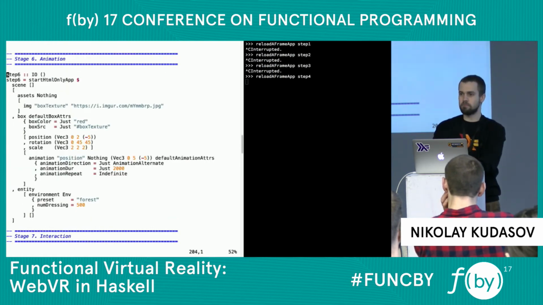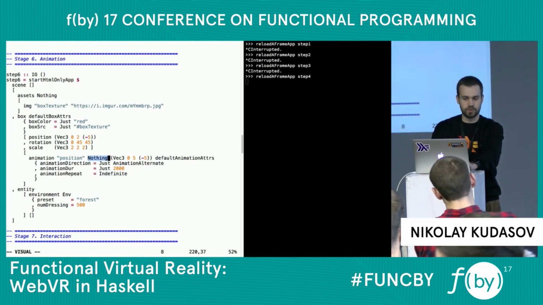The next interesting thing is animation. So animation is created as a child node of an entity you want to animate. So we want to animate position. The starting value is going to be its current value, and the target value is going to be this thing.